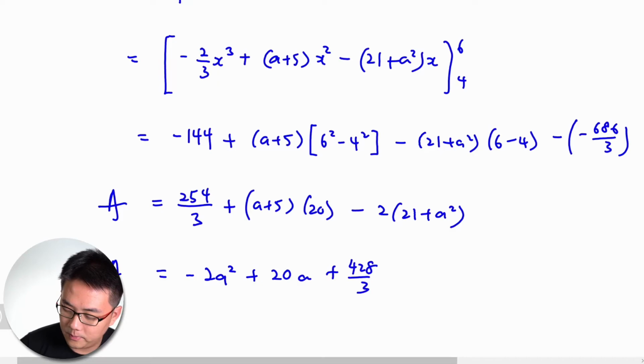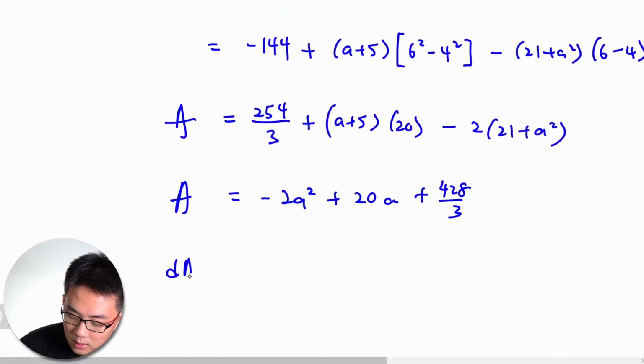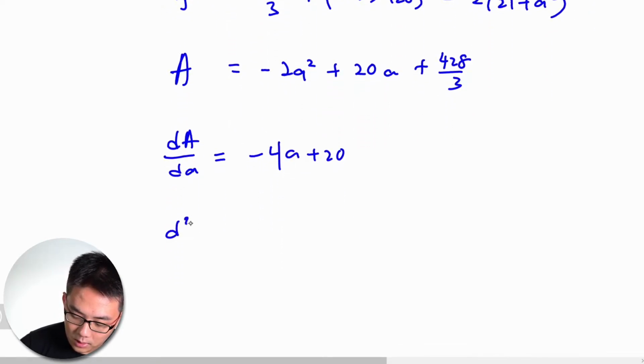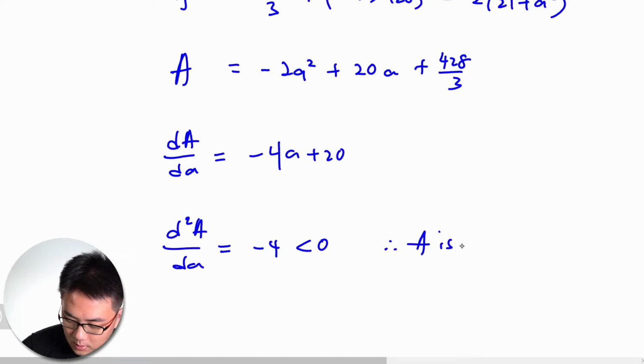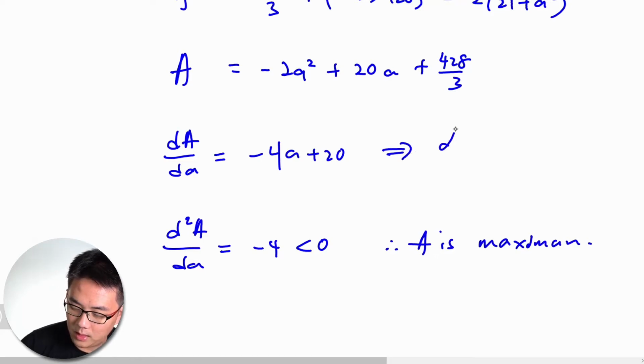So this is it. So just find the stationary value. You could just complete the square, or what I could do is I'm just gonna differentiate it with respect to a. Hence a is maximum. So dA is 0.